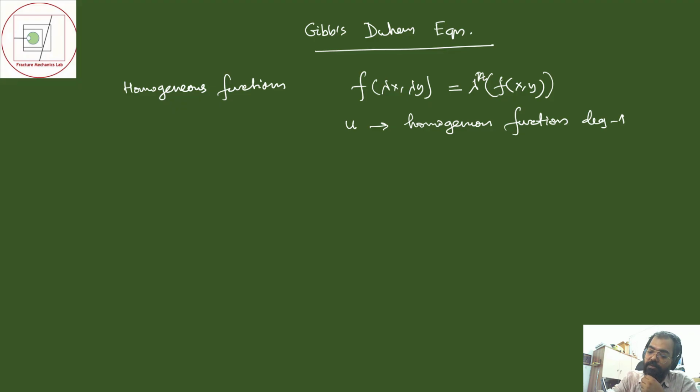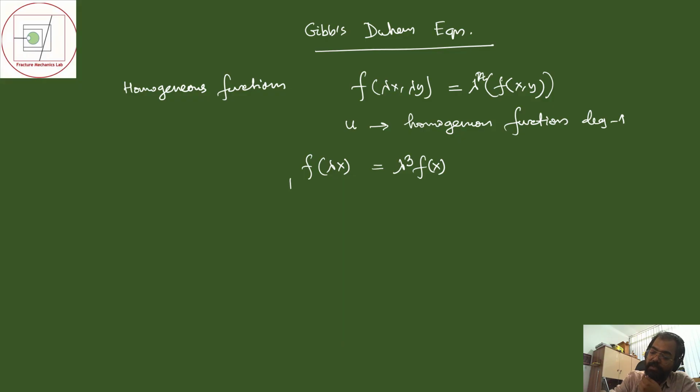So let us say that we have a function f of lambda x, and this is a third order homogeneous function. So now what will be the derivative of this? Let us differentiate both sides.